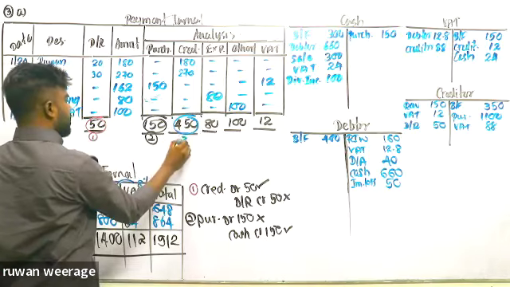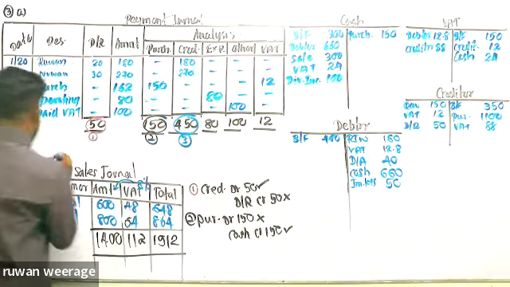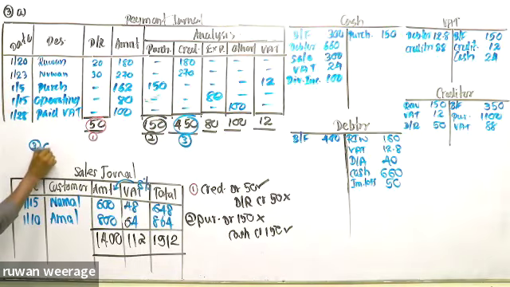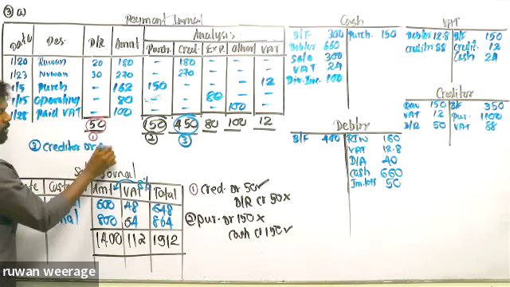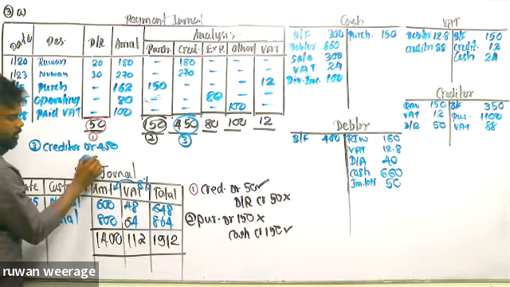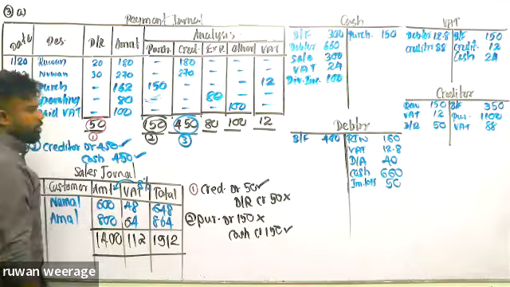Credit payment. What's the prime entry book? Double entry, I'll write down here. Cash credit, creditor debit. Creditor debit 450. Cash credit 450. Yes. Both ledger accounts you have to record.